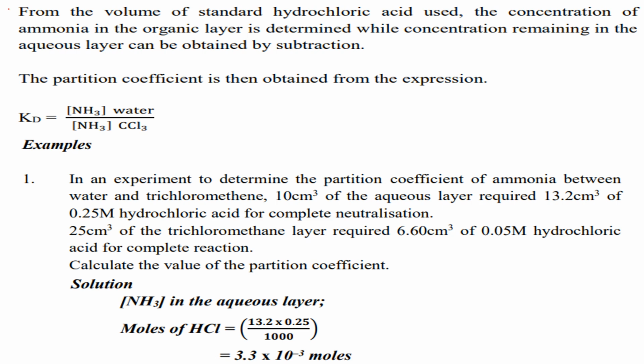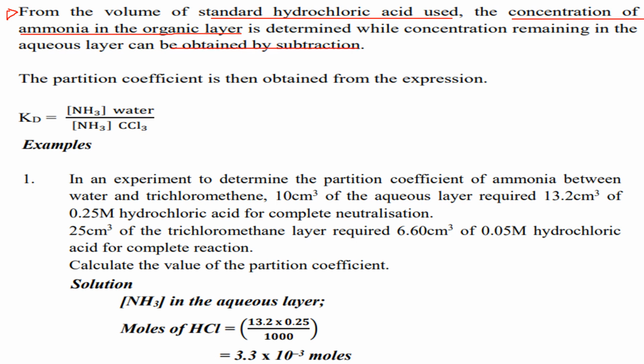From the volume of standard HCl that's being used, we determine the concentration of ammonia in the organic layer. And the concentration of ammonia in the other layer is always obtained by subtraction.